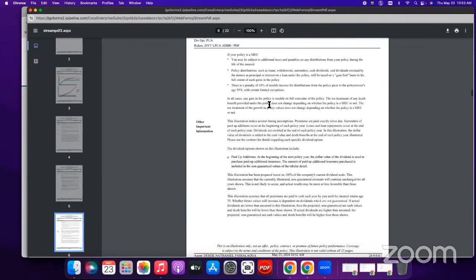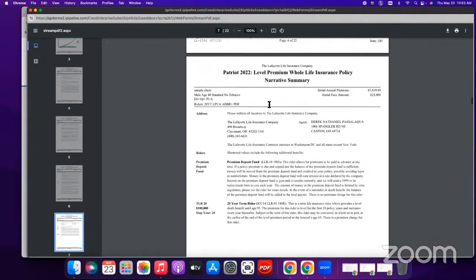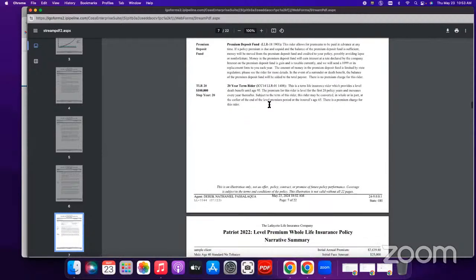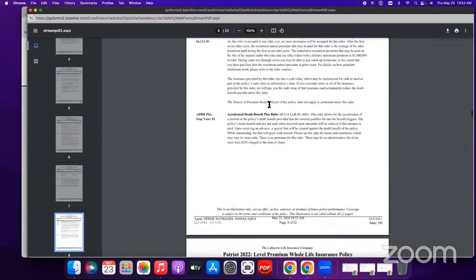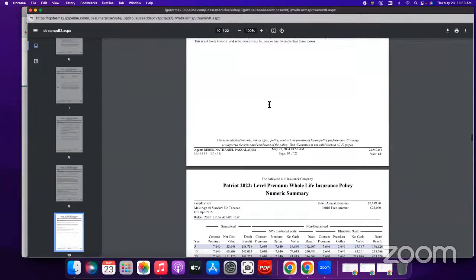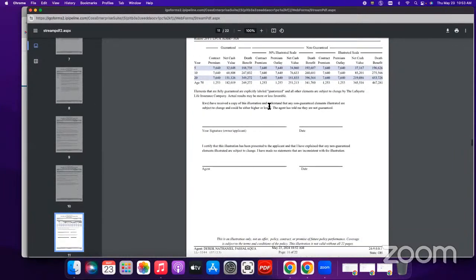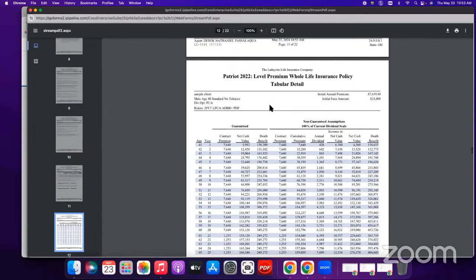They are purely for educational purposes, only to help explain the concept of how the policy functions and works and how it gets credited. It is not even making an attempt to predict a future outcome. That is not the point whatsoever. It is just to show you scenarios of what could happen, so you can see the functionality of how it works and how the policy functions as a whole.